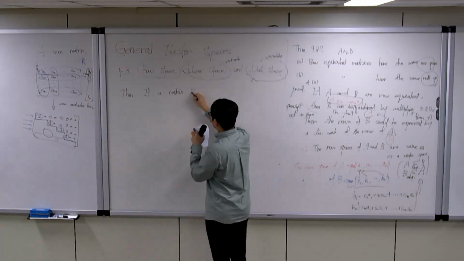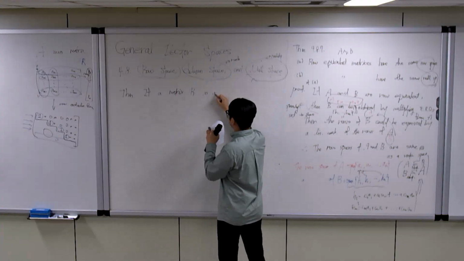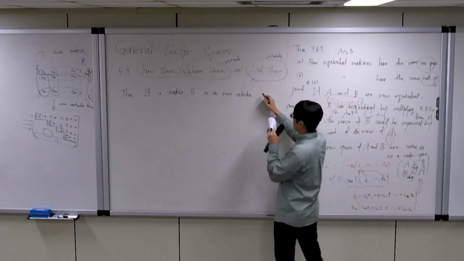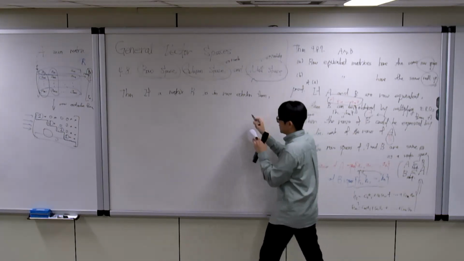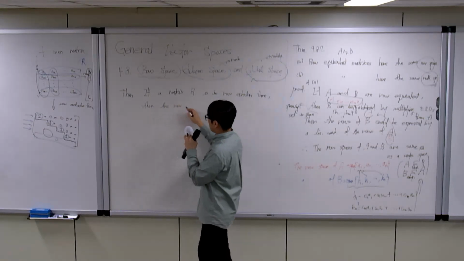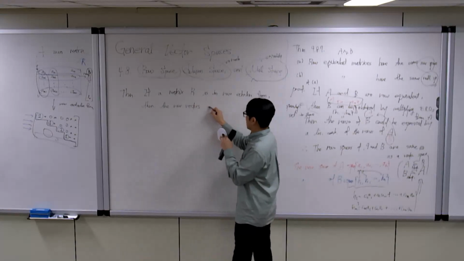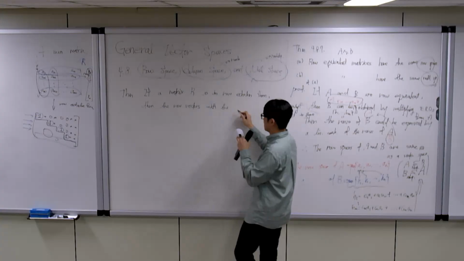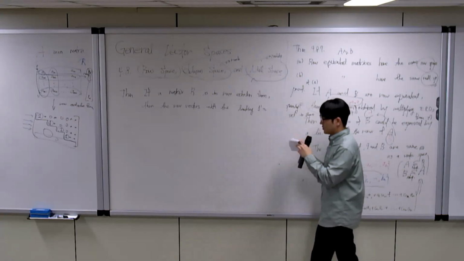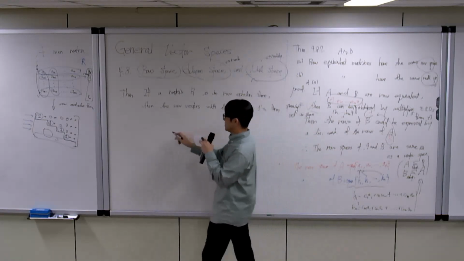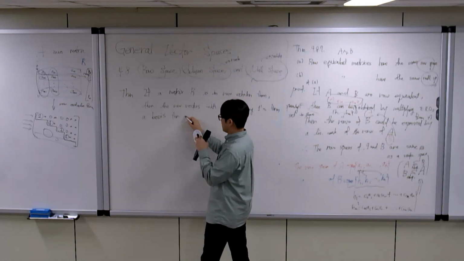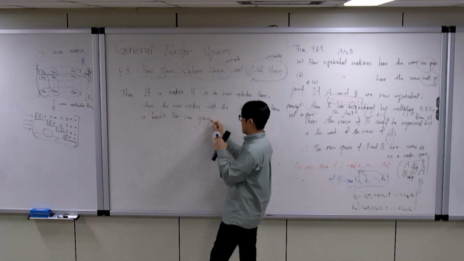If a matrix R is in row echelon form, then the row vectors with the leading one form a basis for the row space of R.